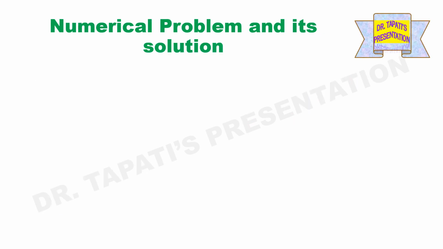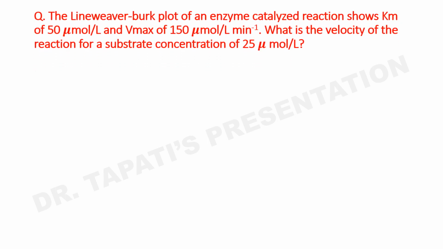Let's solve a numerical problem of Lineweaver-Burk plot. Question is, the Lineweaver-Burk plot of an enzyme catalyzed reaction shows Km value of 50 micromole per liter and Vmax of 150 micromole per liter per minute.